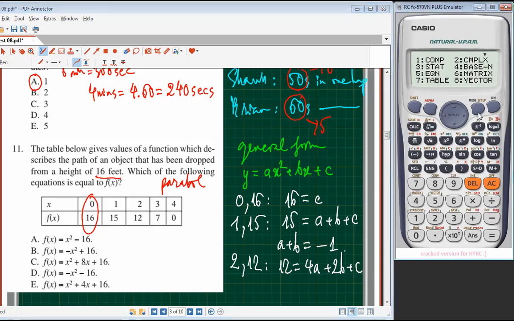To be simple, we can use the calculator. Number 1, 1 minus 1, 4, number 2, and 12 minus 16, we get minus 4.